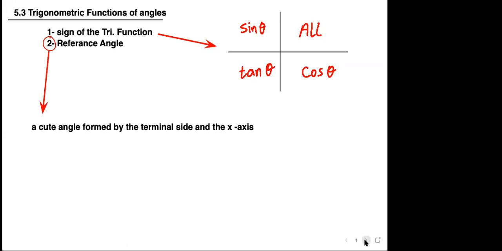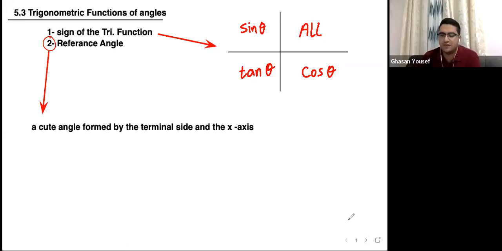Negative, only negative. The cosine function will be positive only in the fourth quadrant, and also the reciprocal of the cosine function in the fourth quadrant will be positive. In the third quadrant, the tan function is positive, and also its reciprocal, the cotan, will be positive, and everything else will be negative.